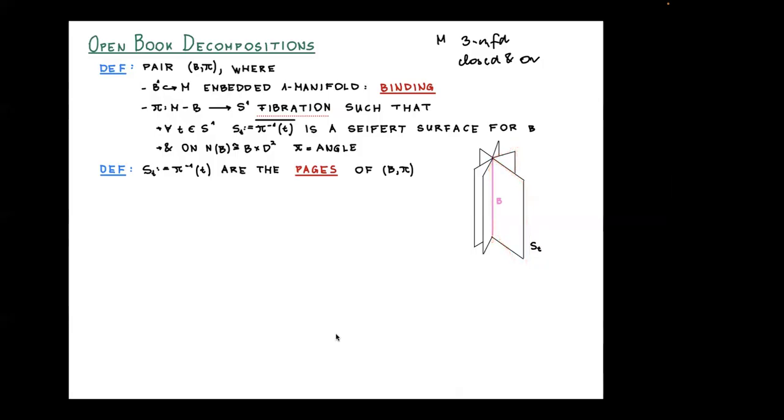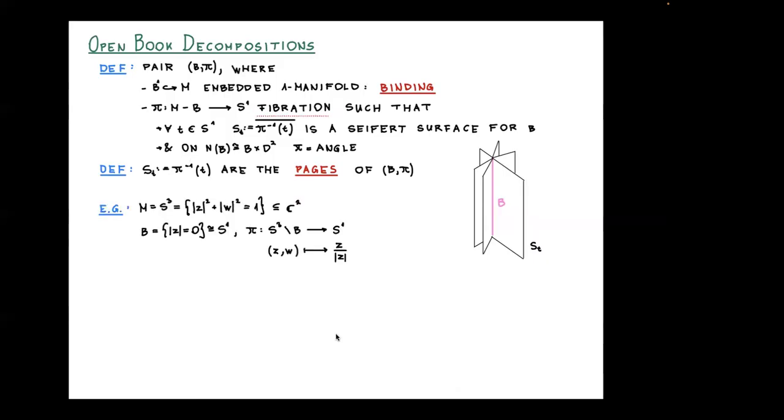In principle, it doesn't have to give you Seifert surfaces. It could wrap around multiple times if I wanted to. Okay, so this is what an open book decomposition is, this pair. The fibers, or sometimes the closure of the fibers, are called the pages of the open book.